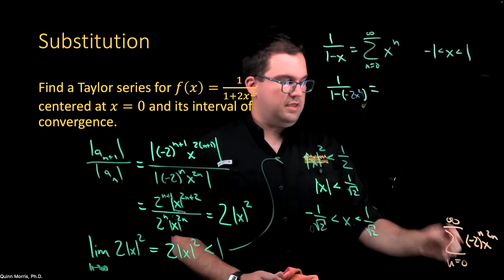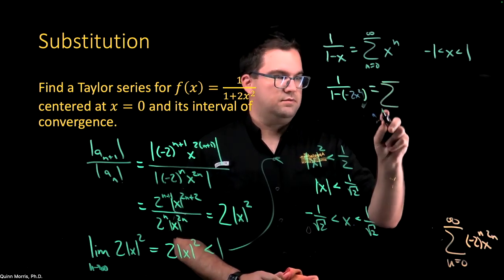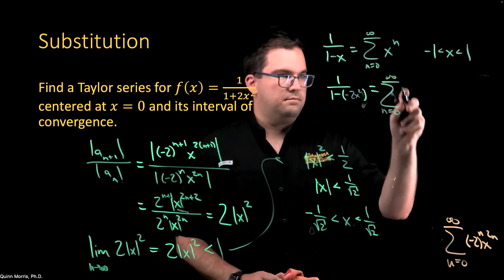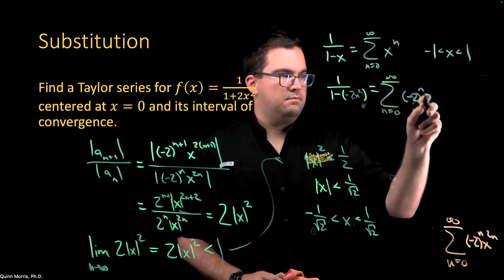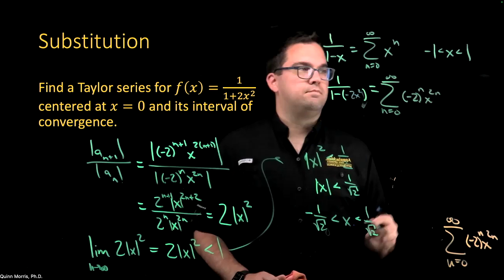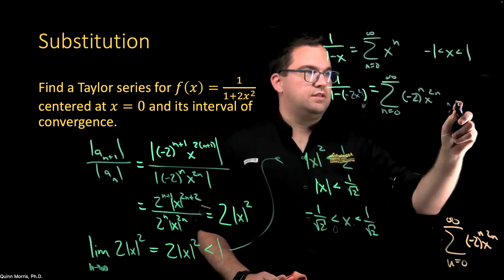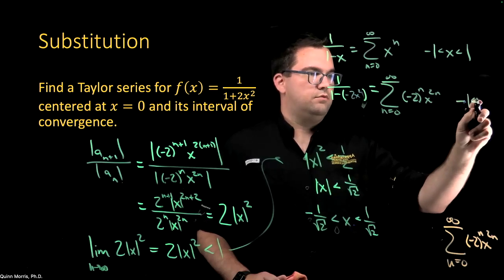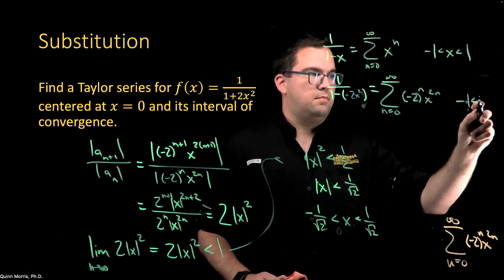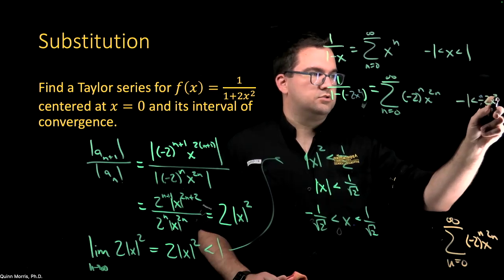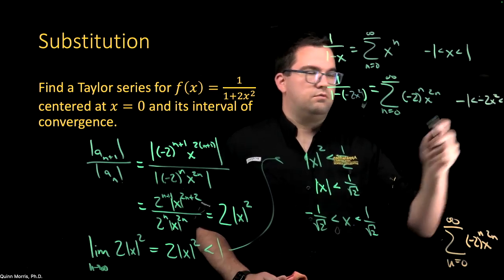That ended up giving us this series. And that's going to be valid. I could just make the substitution into the interval of convergence as well. So minus 2x squared.